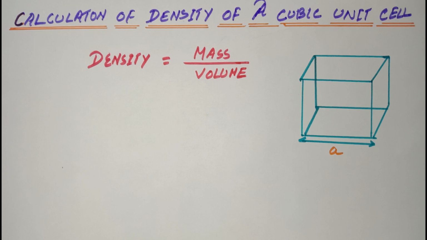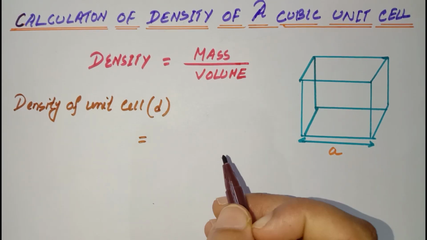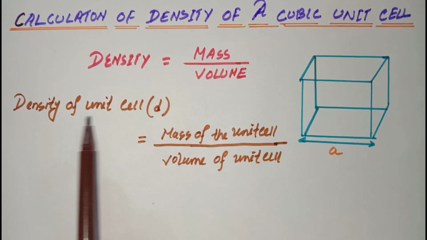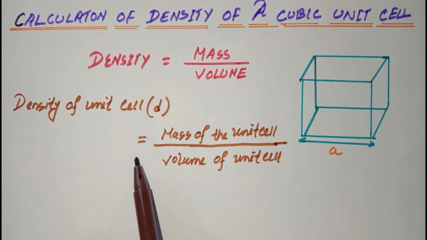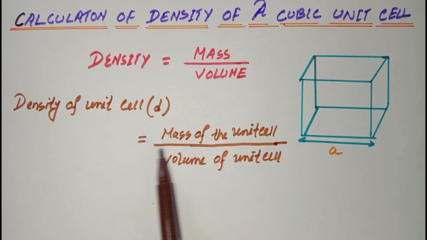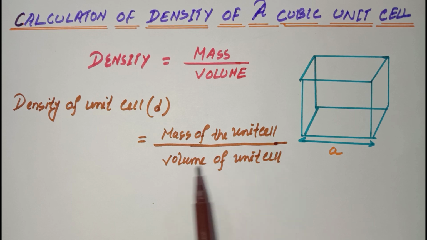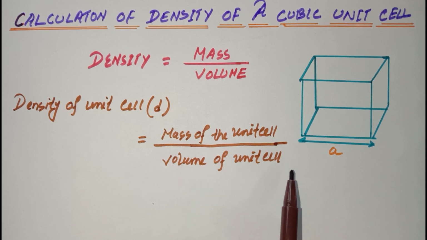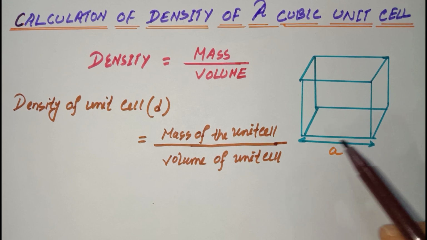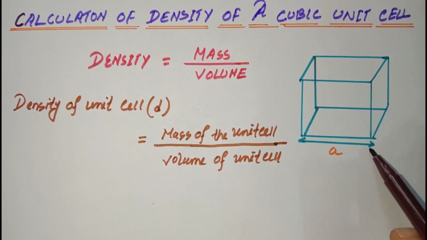In the case of a unit cell, we can calculate the density by this formula, and density is represented by small d. d is equal to mass of the unit cell per volume of unit cell. See, this is a cubic unit cell and this is its length.